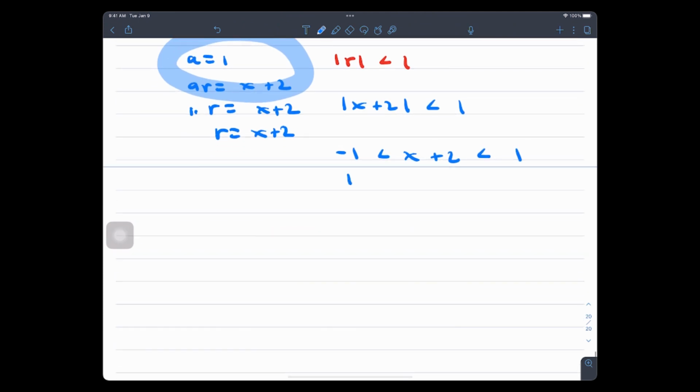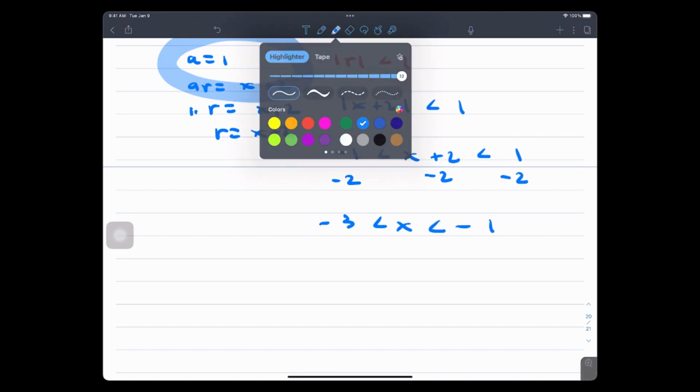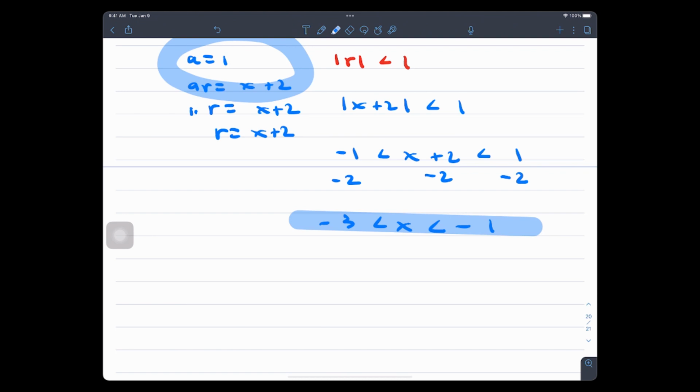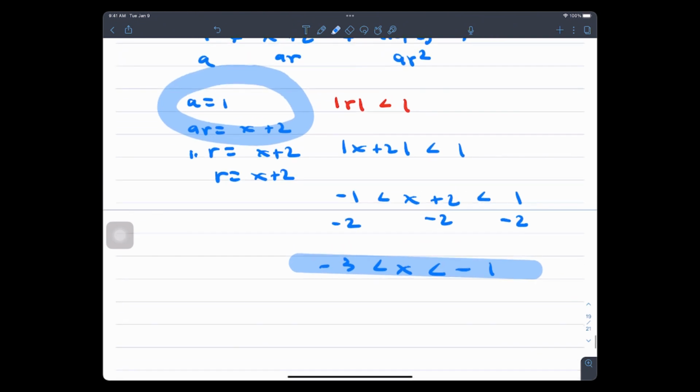So now if we subtract 2 from the left, the middle, and the right, you're going to get negative 3 less than x less than negative 1. These are the values of x for which you have what? Convergence.